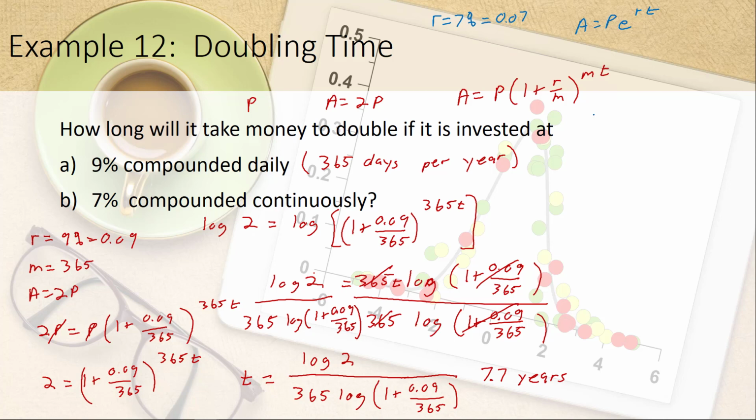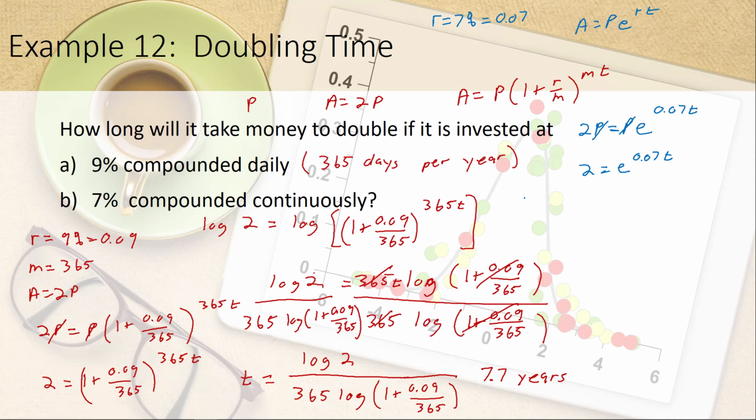So making the substitutions, we are going to have that 2 times P is equal to P times e to the 0.07 t power. Once again, the P's cancel. And we have that 2 is equal to e to the 0.07 t. Now I'm going to want to take the natural log of both sides.